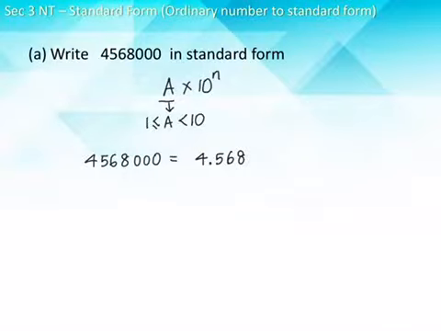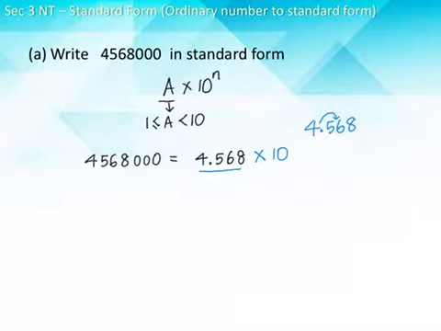However, I need to do something to this number in order to make it into 4568000. Now this needs to become a big number, so therefore we are going to multiply by 10. Taking a look at our number, if I were to multiply 4.568 by 10, the decimal place will shift 1 position to the right.